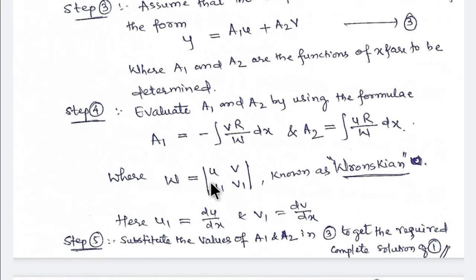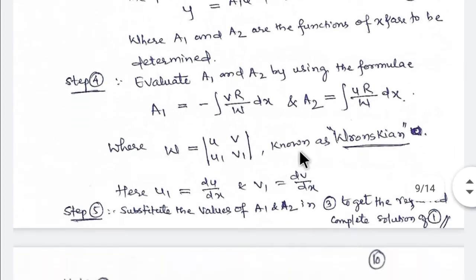this second order determinant, with first row u, v and second row u1, v1. Here u1 is the derivative of u, du by dx, and v1 is the derivative of v, dv by dx. This is known as the Wronskian, W. Capital R is the right hand side of the equation, a function of x.